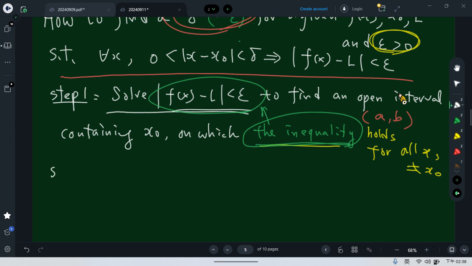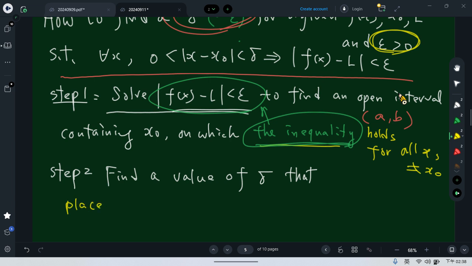So this is step 1. What is step 2? Step 2 is find a value of delta that can place S0 plus delta, S0 minus delta inside AB.